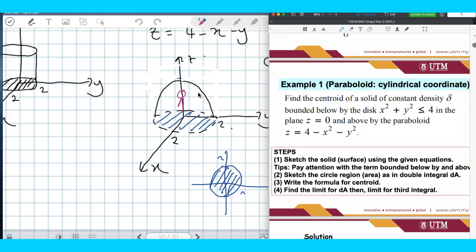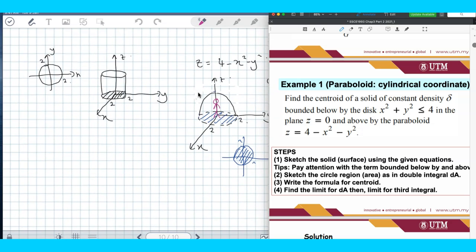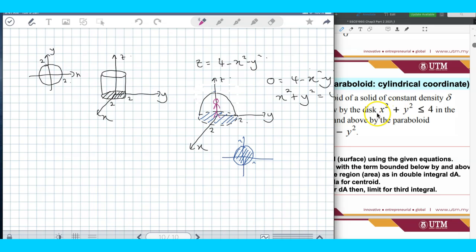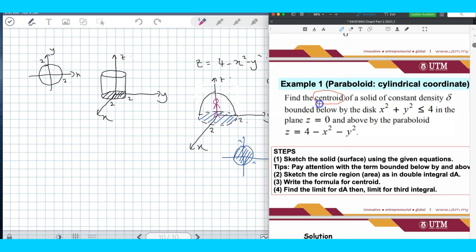Standing like that, you want to determine the limits. Since your region is basically a circle centered at the origin with radius 2, the easiest way to evaluate the centroid is using cylindrical coordinates, where z is z, and you can find the limits of r and theta directly from your region.